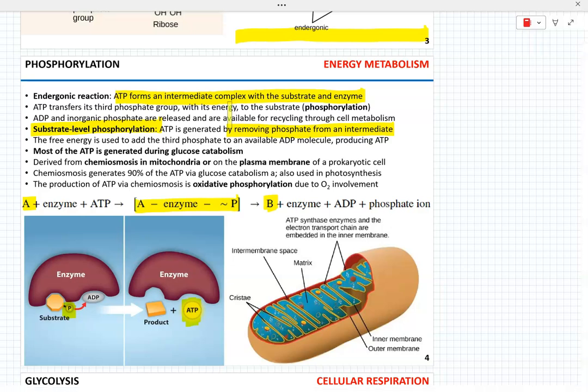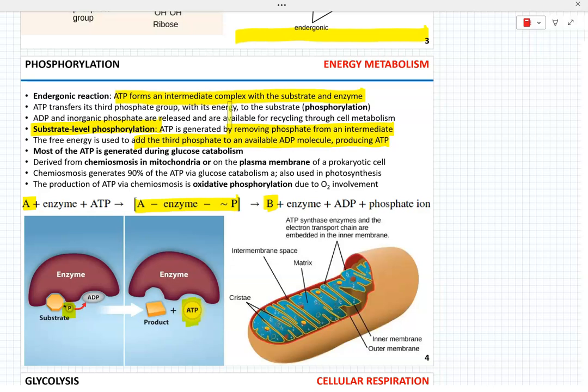The energy that is released by removing the phosphate from an intermediate is sufficient to add that third phosphate to the available ADP molecule. Substrate-level phosphorylation is not the main way to generate ATP, since most of the ATP is generated by acquiring energy from the catabolism of glucose.